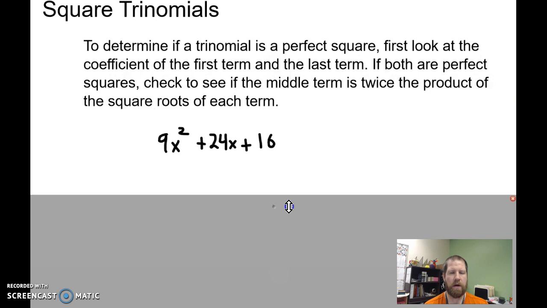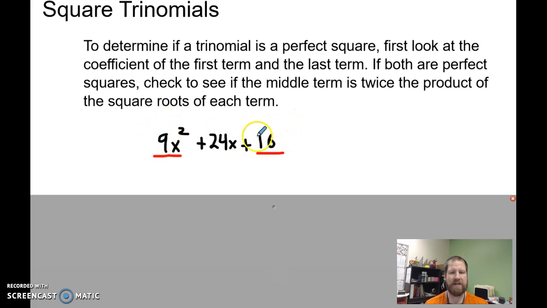If we are trying to figure out if a trinomial is a perfect square, the first thing we're going to do is look at the first term and the last term. If this is a perfect square and this is a perfect square, then this trinomial might be a perfect square.